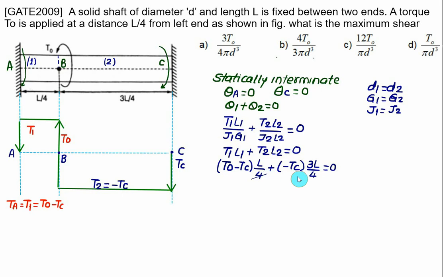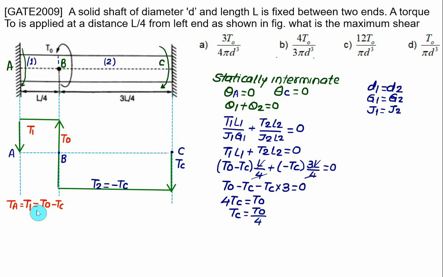So this 4 and this 4 are multiplied with 0, and L will get cancelled. So we have T0 minus TC minus TC multiplied by 3 equal to 0. In total we have 4 times TC equal to T0. That is, TC is equal to T0 divided by 4.